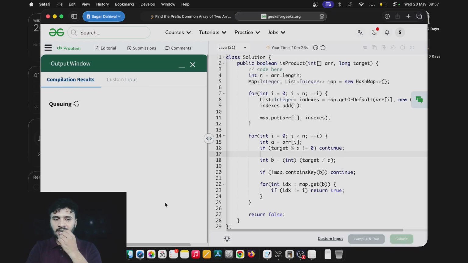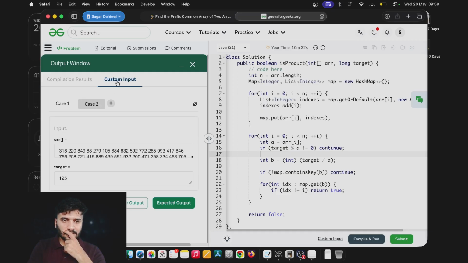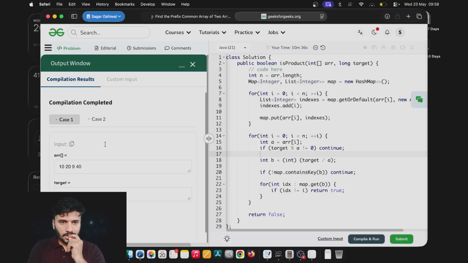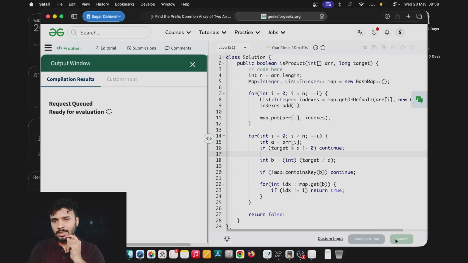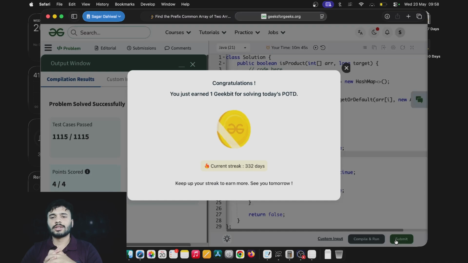Let's check the expected outcome first. It should be false, right? So let's check our output, which is also giving false. Now let's submit. So it passed the test cases.